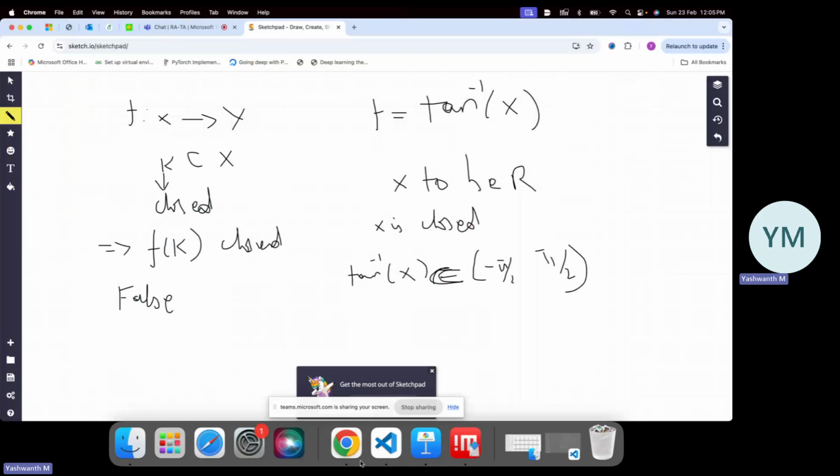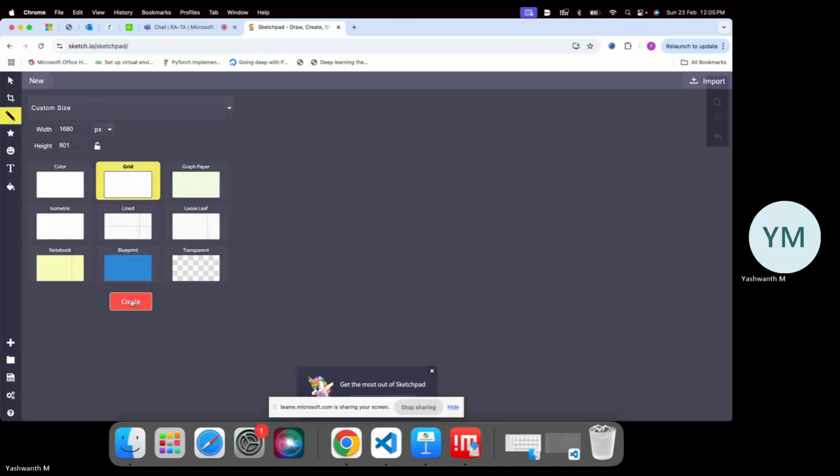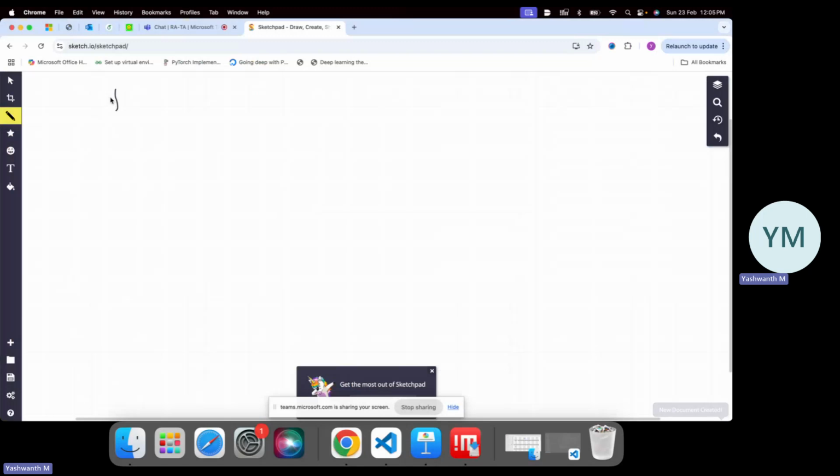Right, so we have two functions f and g continuous. Question is, max of f comma g is continuous?